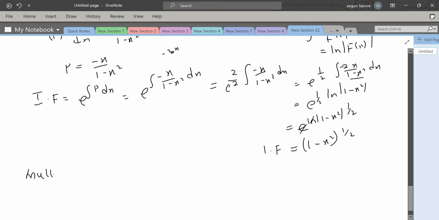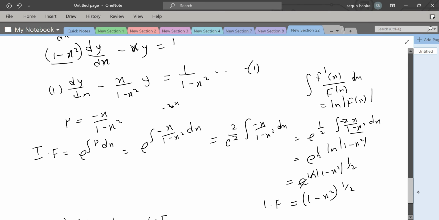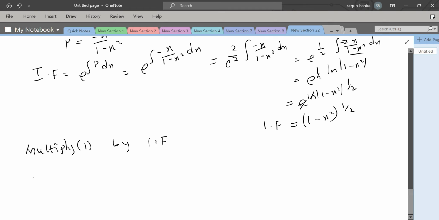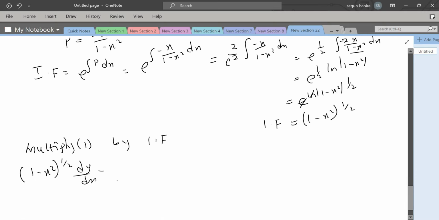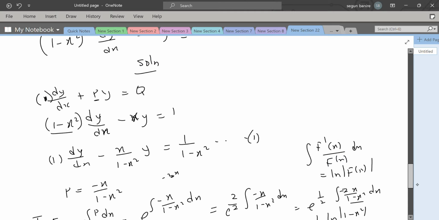So we are going to multiply equation 1 by the integrating factor. So we have 1 minus s squared raised to the power 1 over 2 times dy/dx. Next thing is 1 minus s squared raised to the power 1 over 2 times s over 1 minus s squared, y, equals to, what was q before?